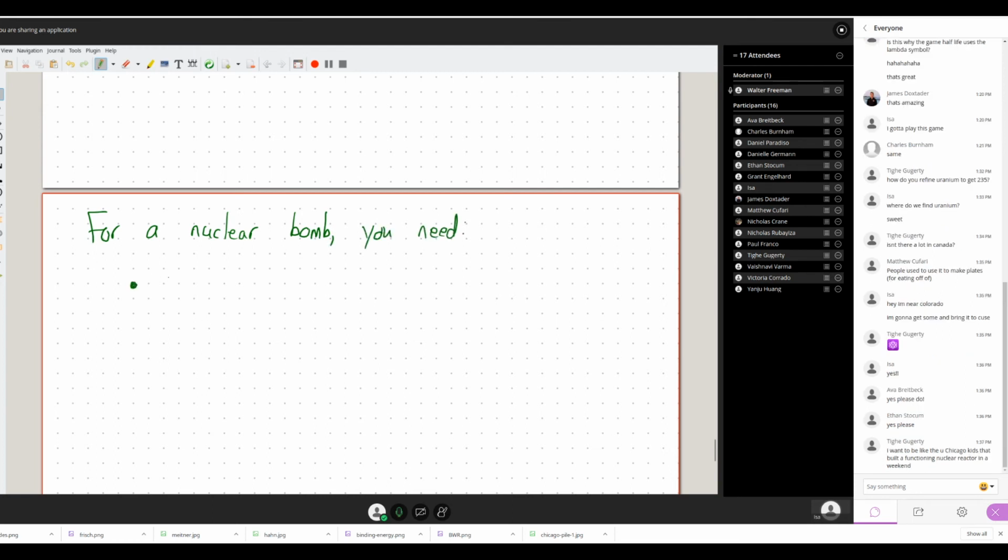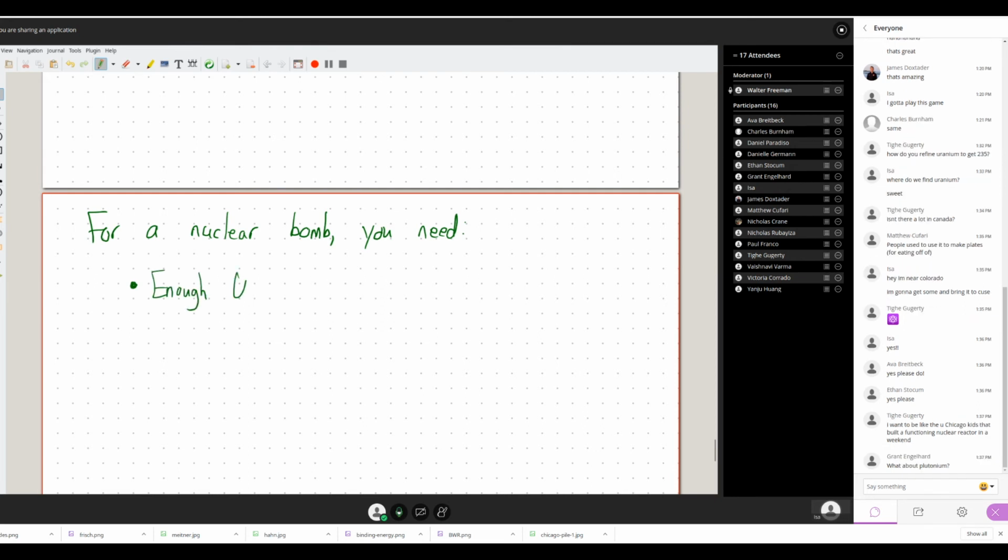You need enough uranium-235 in one place, uncontaminated by much uranium-238, since uranium-238 absorbs neutrons.